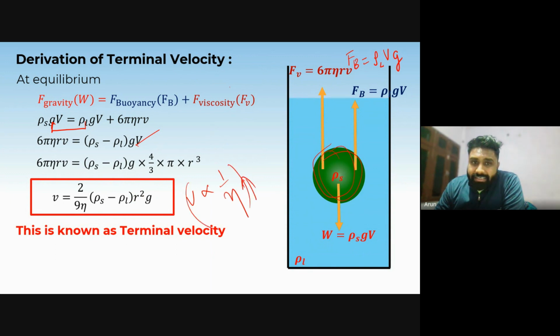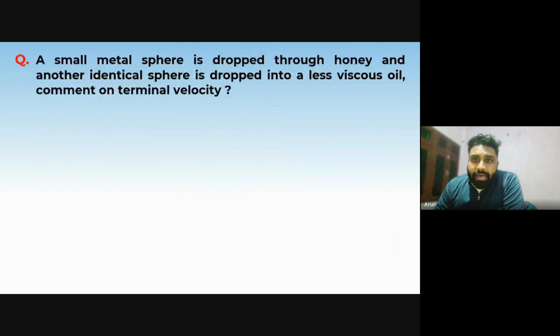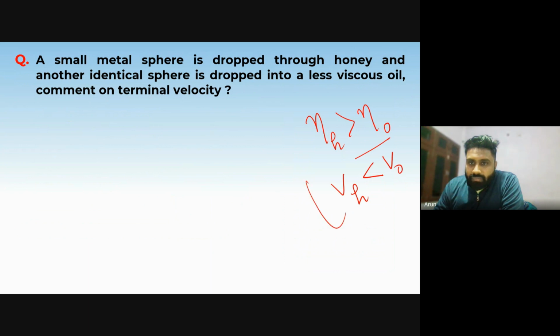As the viscosity increases, the velocity will decrease. So, let's say the viscosity of honey is eta h and the viscosity of oil is eta o. The viscosity of honey is higher, so the velocity will follow the inverse relation. Got it?